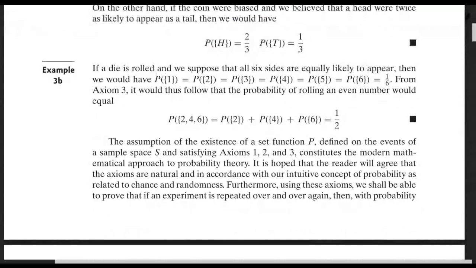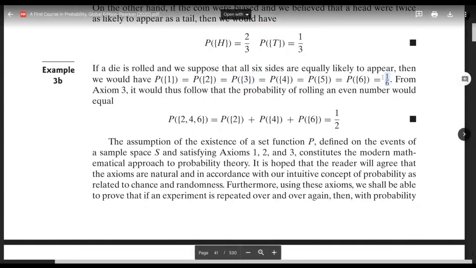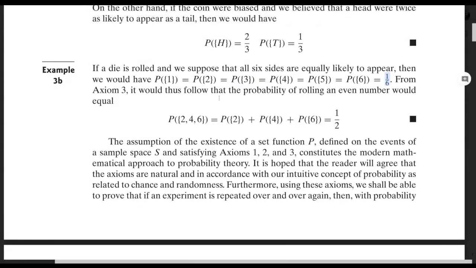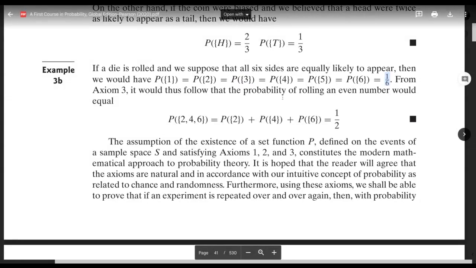If a die is rolled and suppose that all 6 sides are equally likely to appear, then we would have the probability of getting 1 equals the probability of getting 2 equals the probability of getting 3, and so forth, and each is 1 out of 6, right? 1 out of 6, because the sample space will have 6 different things.